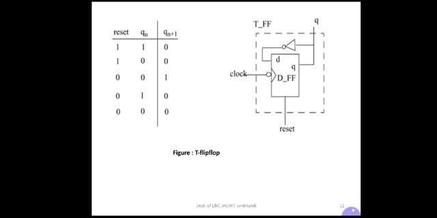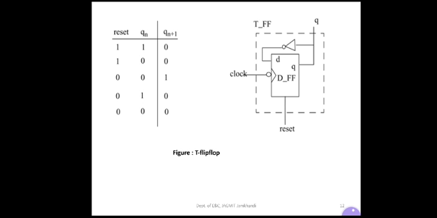We can see the truth table here. When the reset pin is high, irrespective of the present output, that is Qn, whether it is 1 or 0, the next state output Qn plus 1 is always 1 because reset input is high.